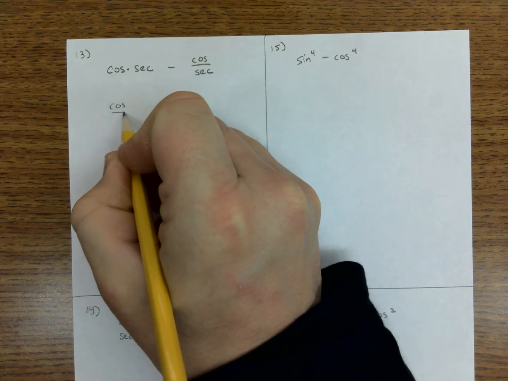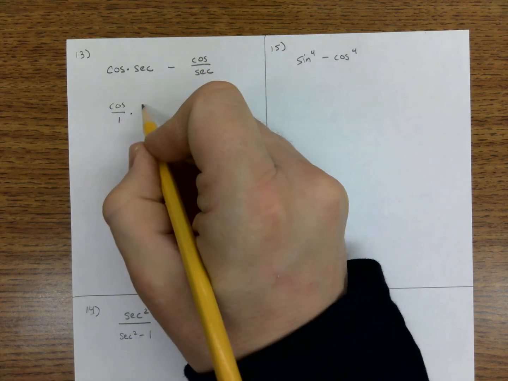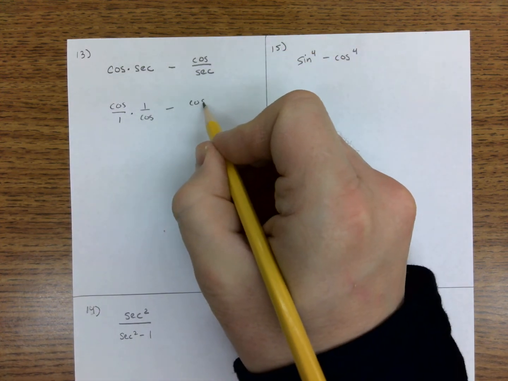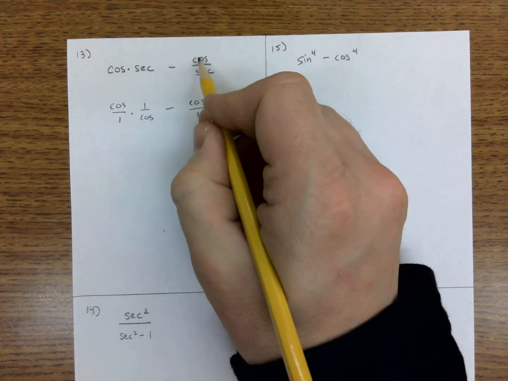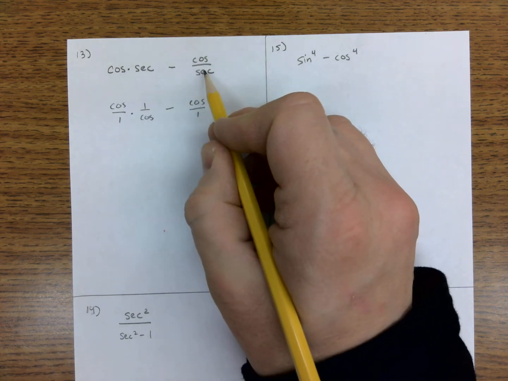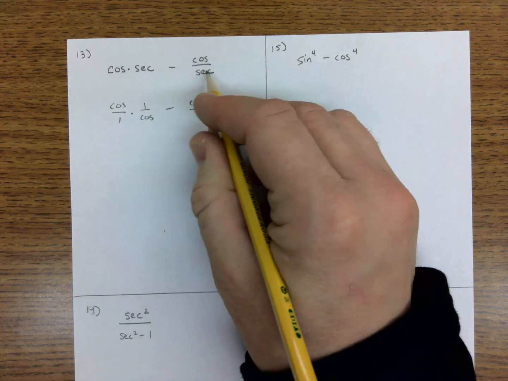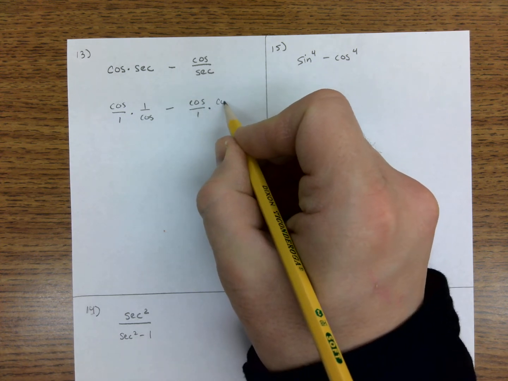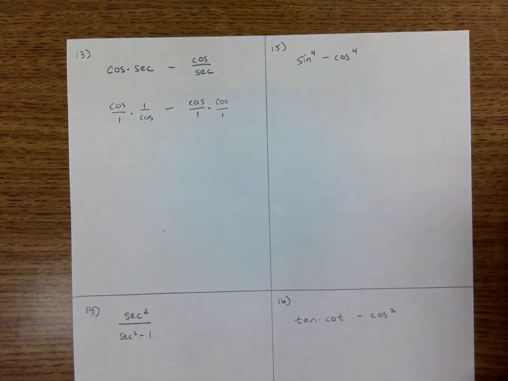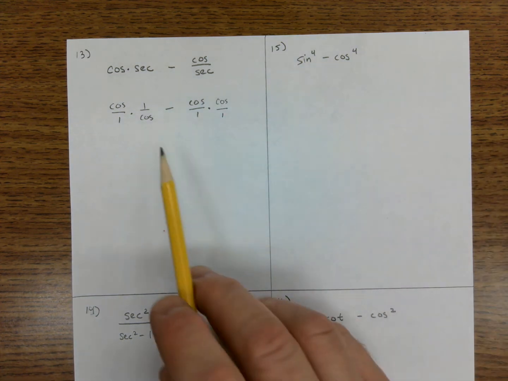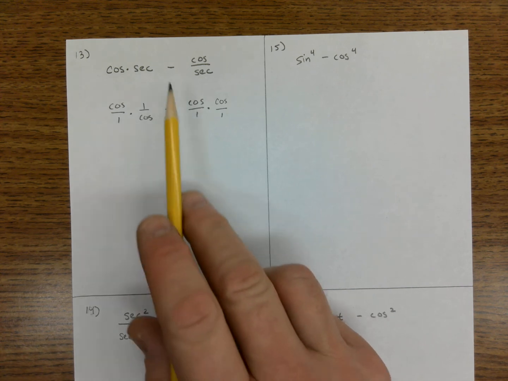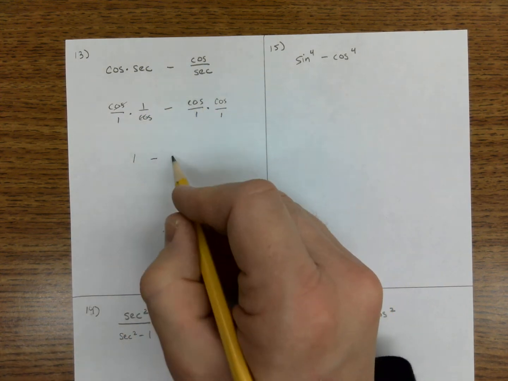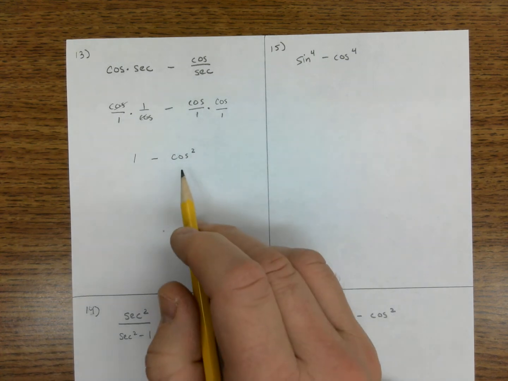We have cosine over 1, minus cosine over 1 is the top part here, and this is secant, but secant's in the denominator, so if secant is flipped as a reciprocal, it's going to be cosine. That's usually my first step, to write everything in terms of sines and cosines, and then we can see that things cancel out. Over here we're left with 1, and over here we're left with cosecant squared.